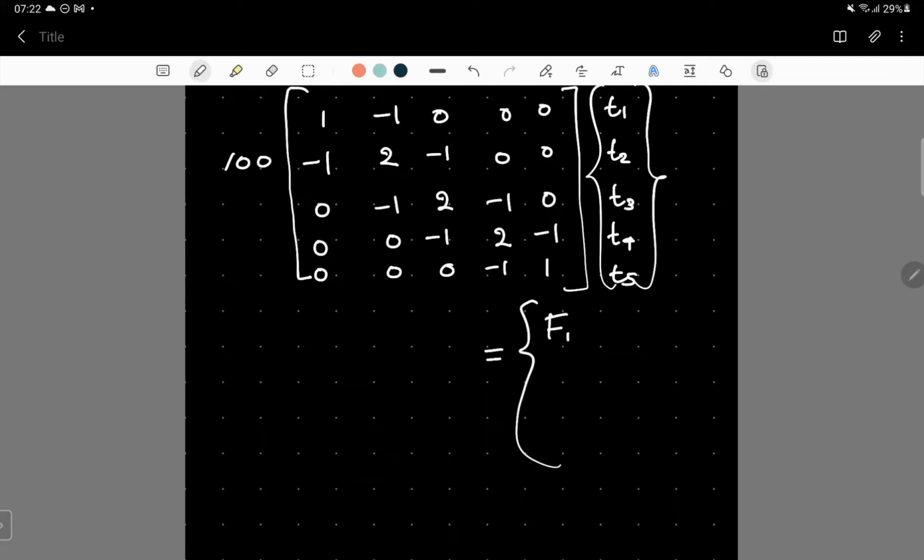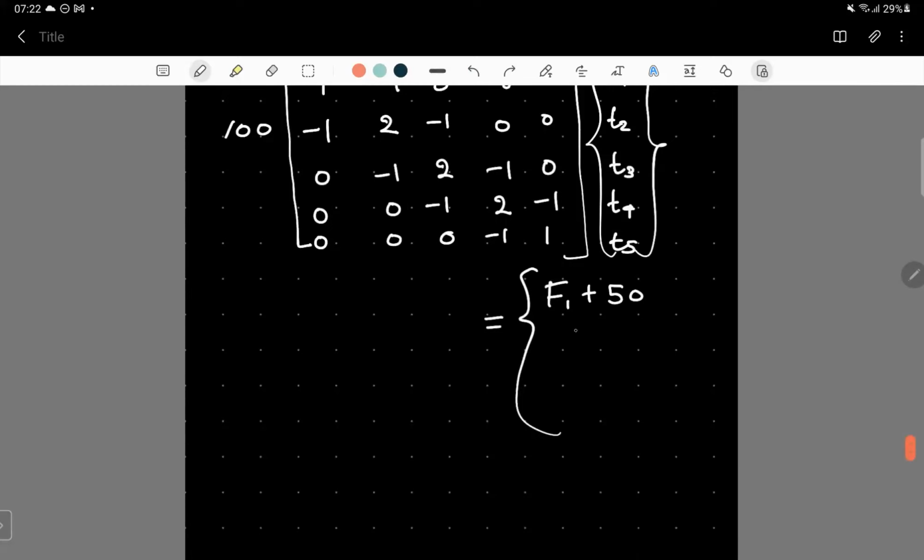So for F1, since we know it is exposed to 200 degrees, there will be an additional term coming, plus 50. For all the other nodes, we have two contributions from either element, so it will be 100 in each case.